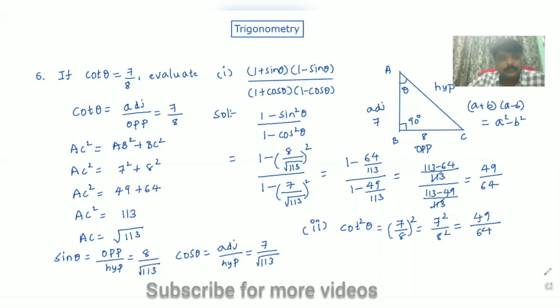Let us move on to the next problem. If 3 cot A equals 4, check whether (1 minus tan square A) by (1 plus tan square A) equals cos square A minus sin square A. That is the question.